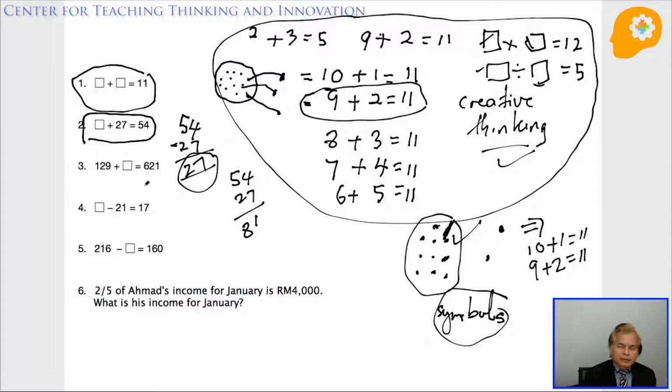Tell them, what do you think will be the answer? You minus or you plus? They say plus. Okay, you put 81 there. Ask him to check whether 81 plus 27 equals 54. And then ask him to try 27 plus 27, is it equal to 54? If he says yes, that is the right answer.